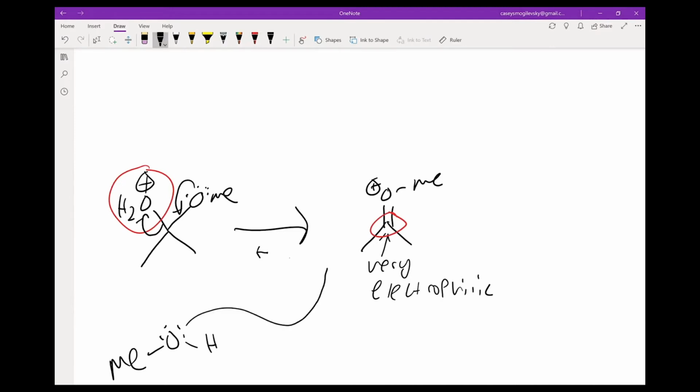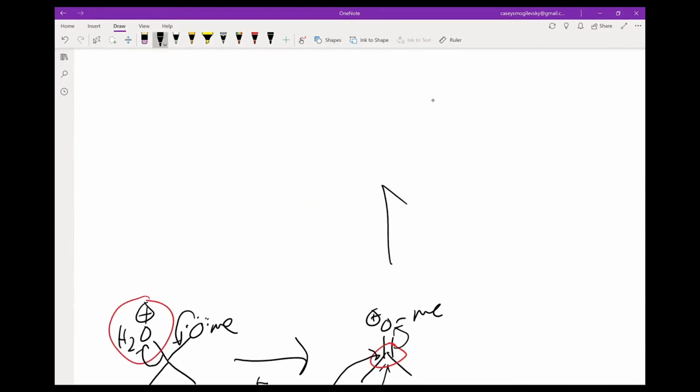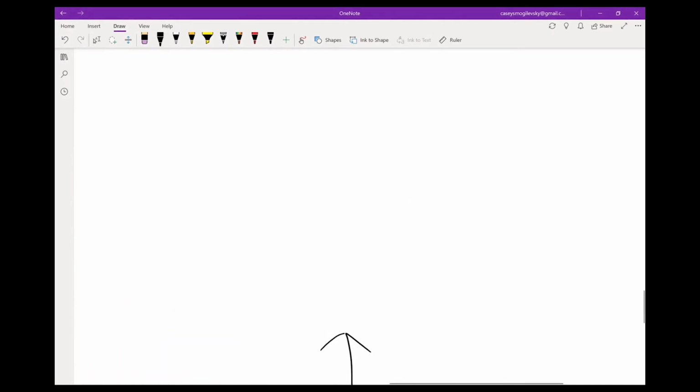We can do a similar reaction. What do we get from this? Let's draw that better. We get a protonated acetal.